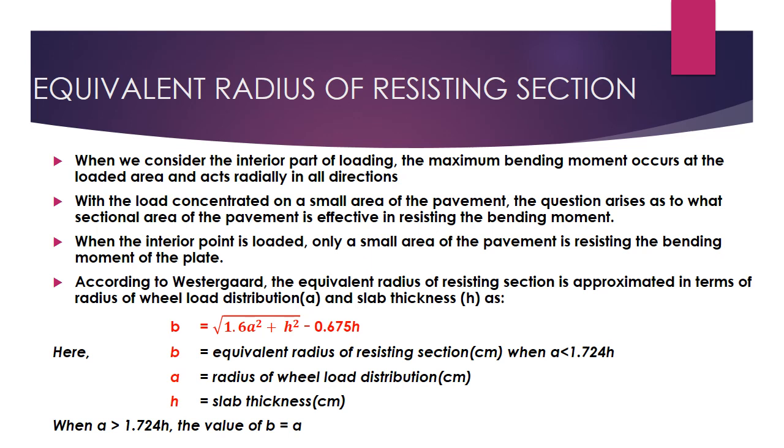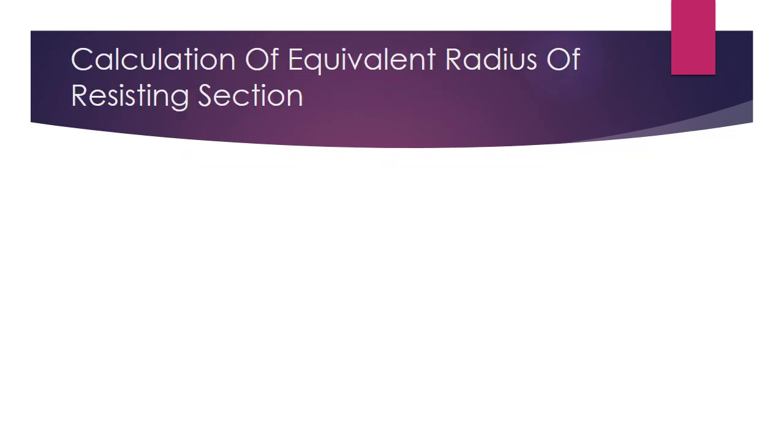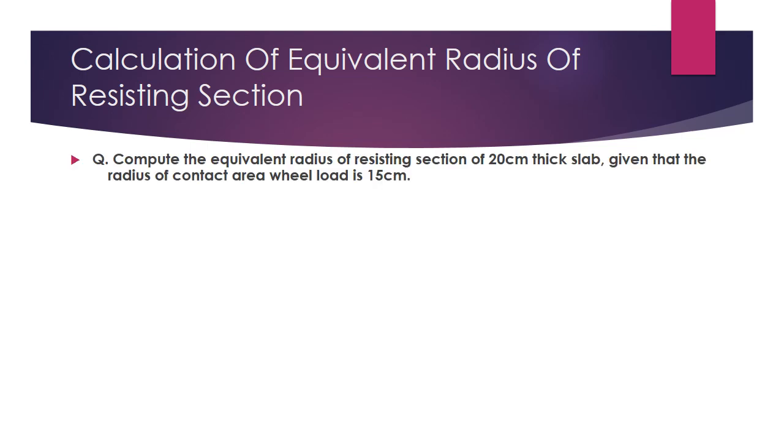Let us try to solve a problem to find the equivalent radius of resisting section. Compute the equivalent radius of resisting section of a 20 cm thick slab, given that the radius of contact area of wheel load is 15 cm.